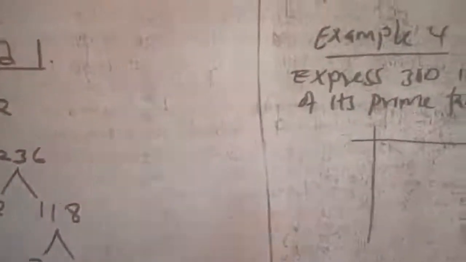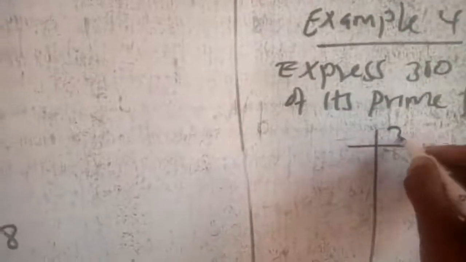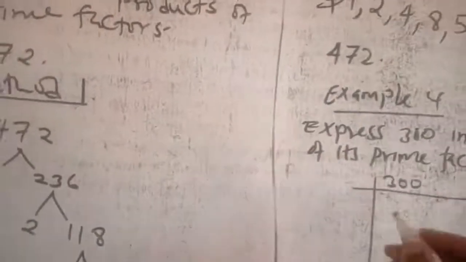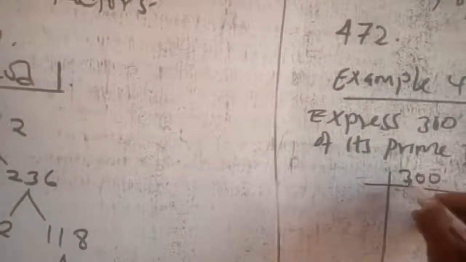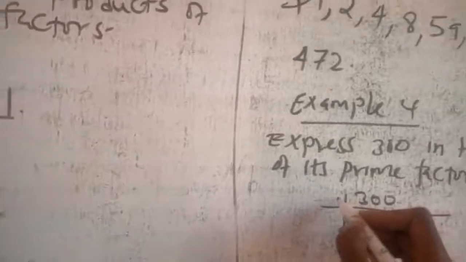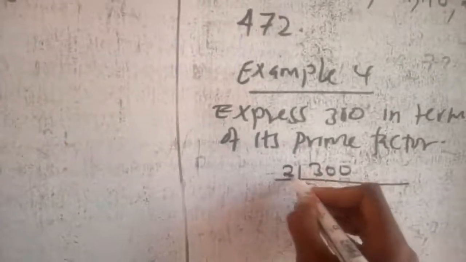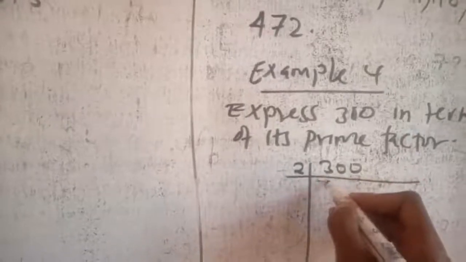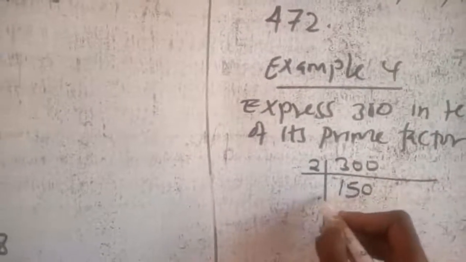I'm going to use the long division method, that is 300. I ask myself, which is the smallest factor which I can put here so that 300 is divisible by it. The answer is 2. 300 divided by 2, you are going to get 150.